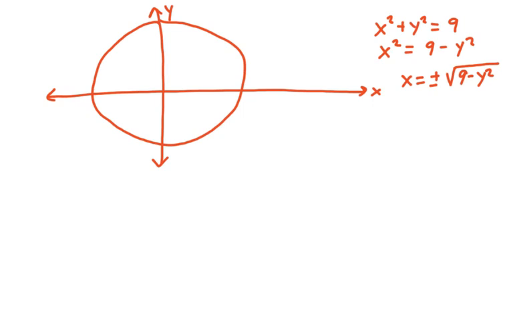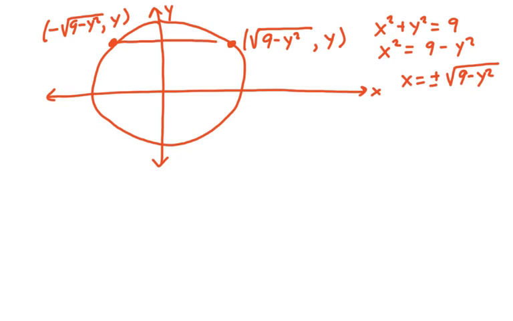And so all that would have happened is I would have had square root of 9 minus y squared here and y here. And I would have had negative square root of 9 minus y squared with the corresponding same height. And my hypotenuse would have been perpendicular to the y-axis.